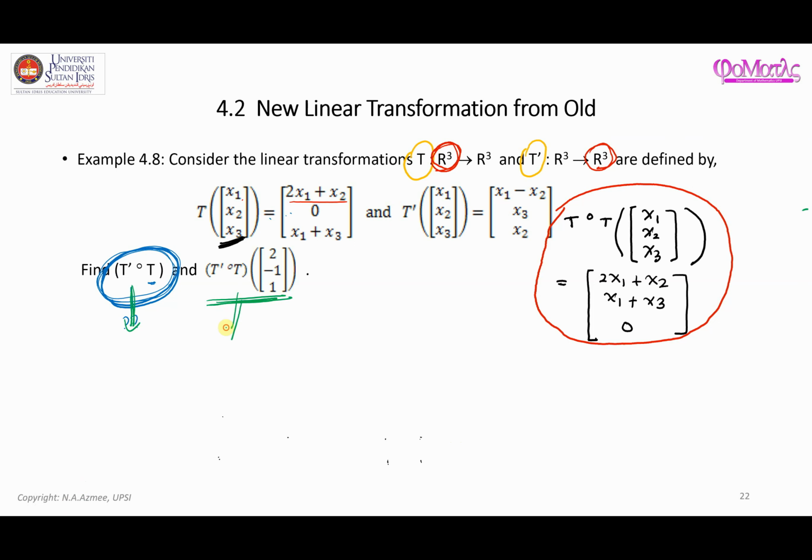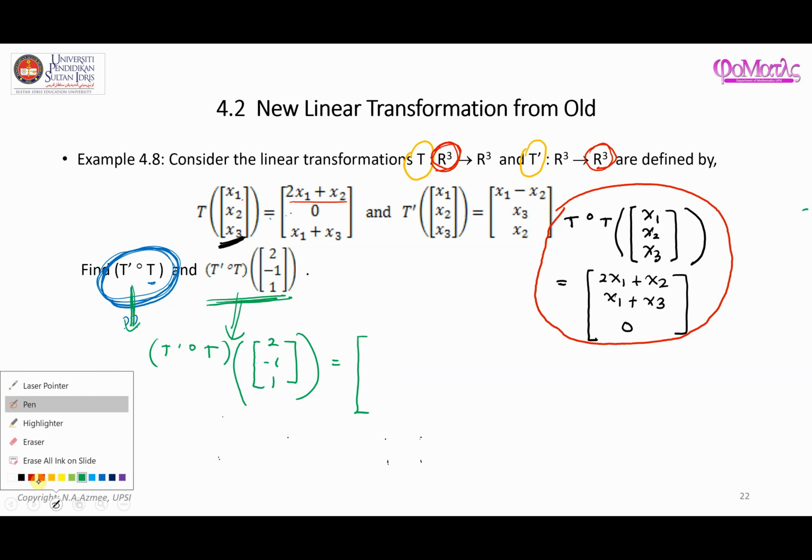Okay, so this result here, we have this function and you are giving this vector, this input, to this particular function where the rule is given by this one. It says you need 2x1 plus x2. So of course you can make a little note here. This is actually x1, this is actually x2, and this is actually x3.